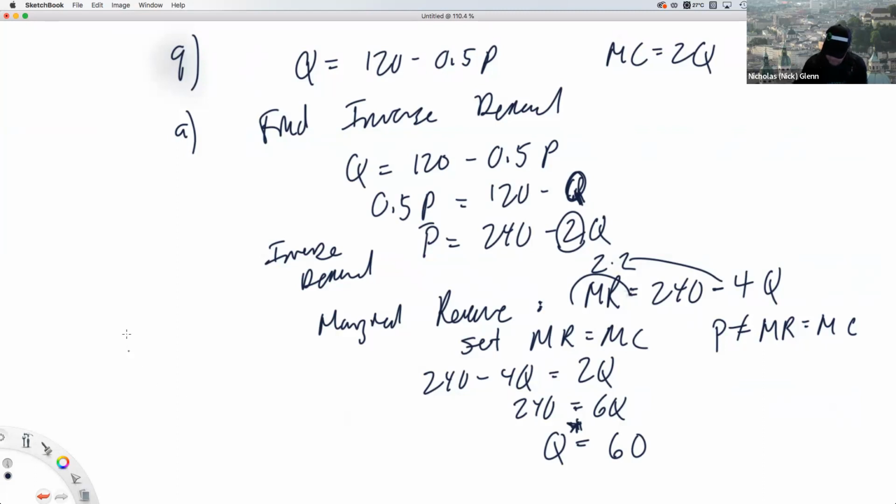What about on the price? Well, the price, 240 minus 2 times the quantity we got here, 6. So the price is going to be 120. Looks like I did that wrong.